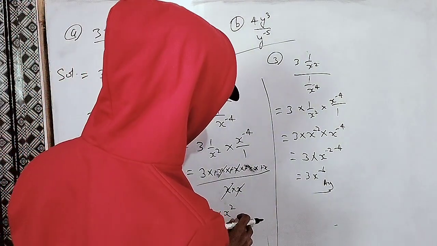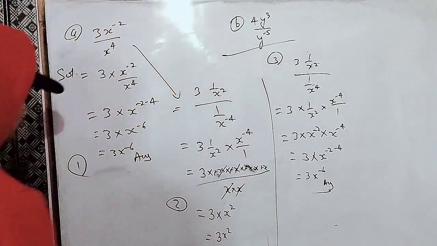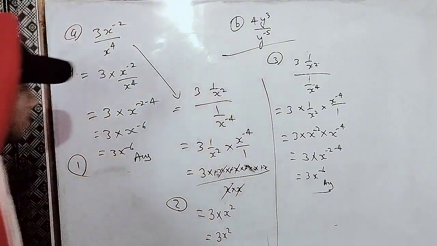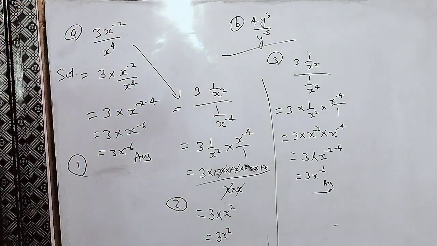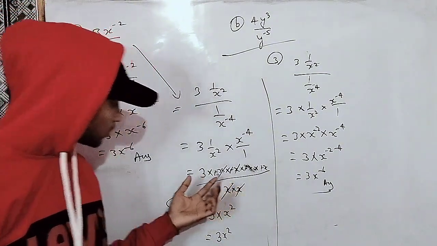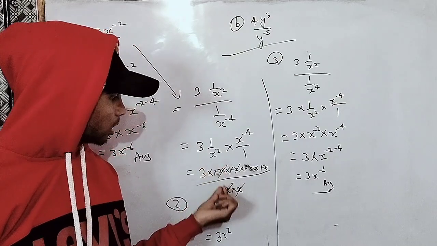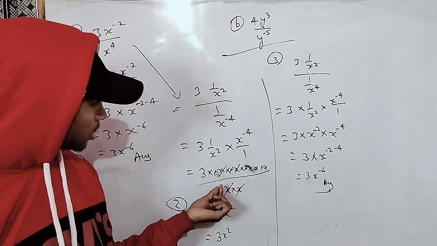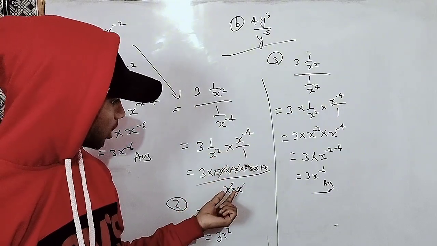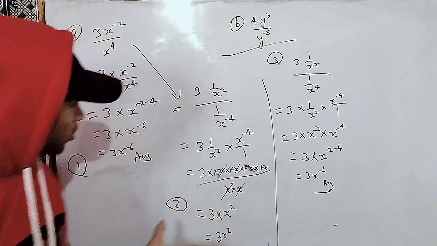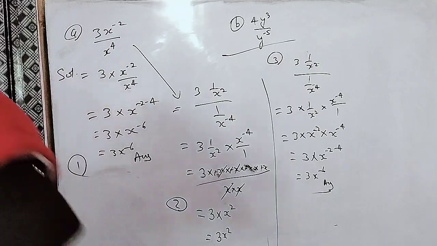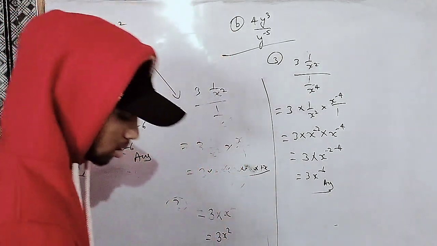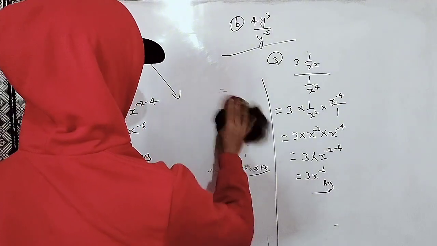Now here, now here. X6, then X6, 4 times, 2 times. Now we have 2. This is not the way.